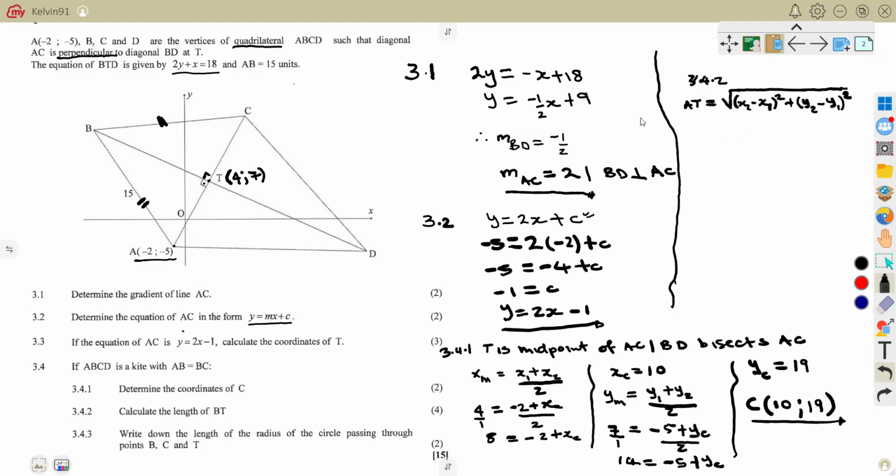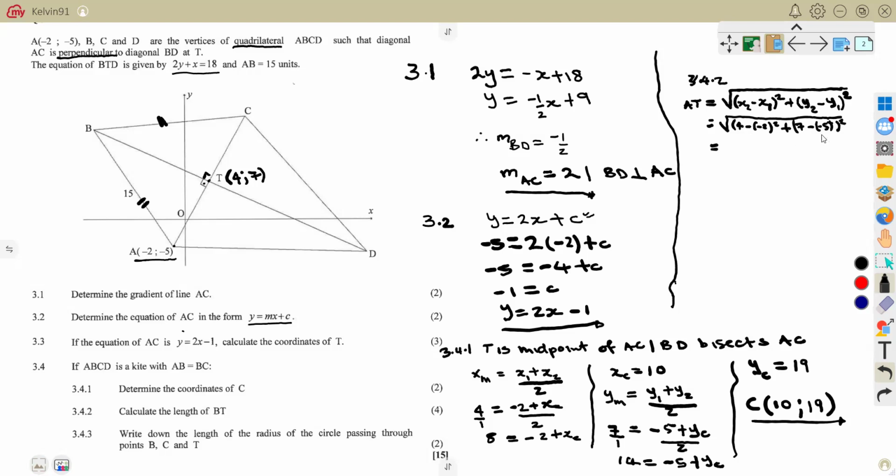So it means for our AT, we can use the distance formula since we know the coordinates of A and the coordinates of T. Then that becomes the square root of 4 minus 2 squared plus 7 minus 5 squared.